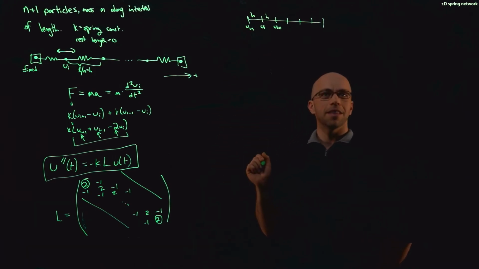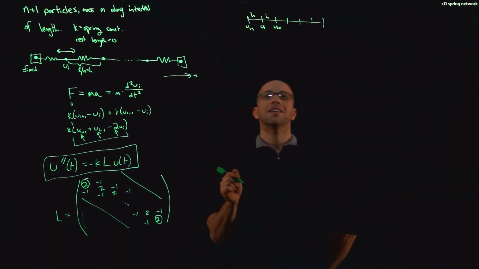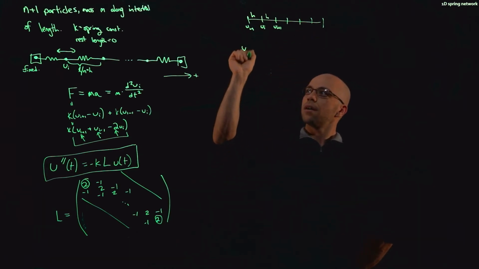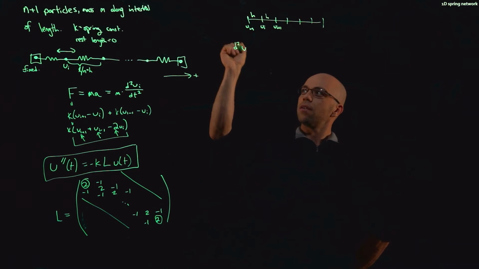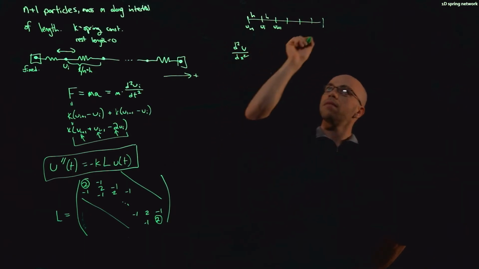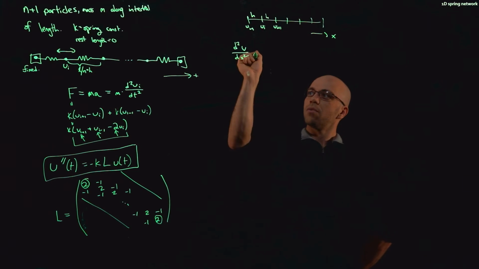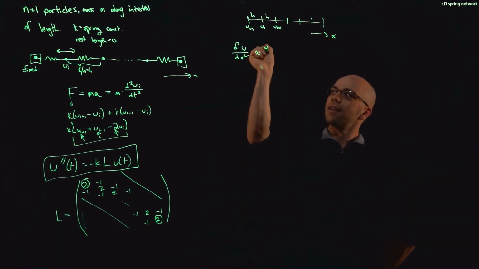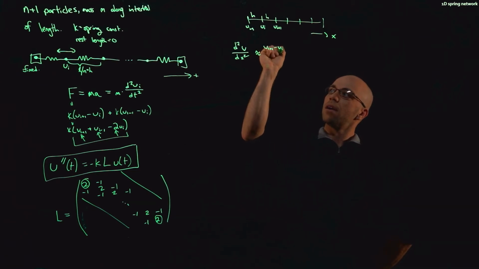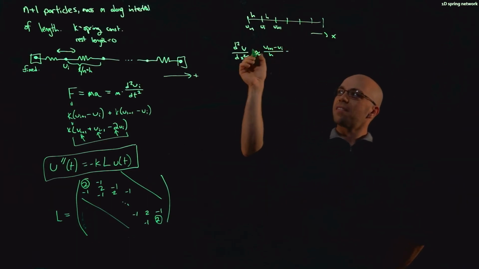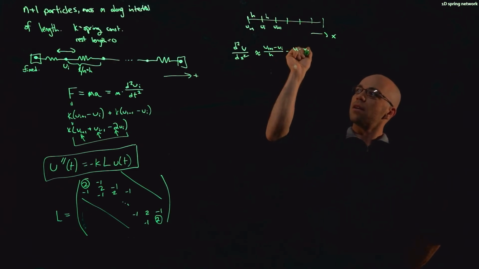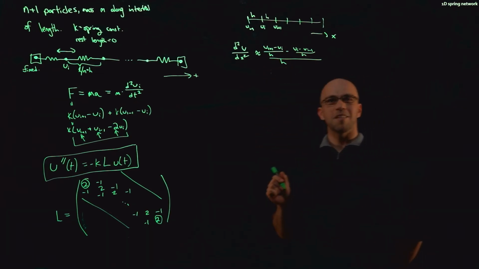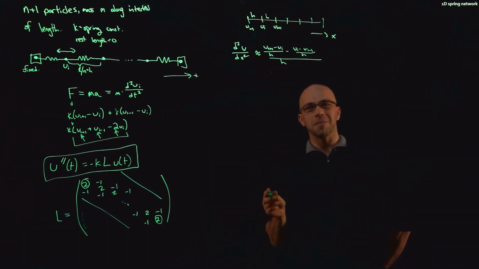I'm now thinking of this as samples of some function on the interval from 0 to L. Then d squared u dx squared, if this is the x-axis here, is roughly equal to the difference in first derivatives. So it looks like ui plus 1 minus ui over h, minus ui minus ui minus 1 over h, all of this over h. This is a second derivative finite difference approximation.